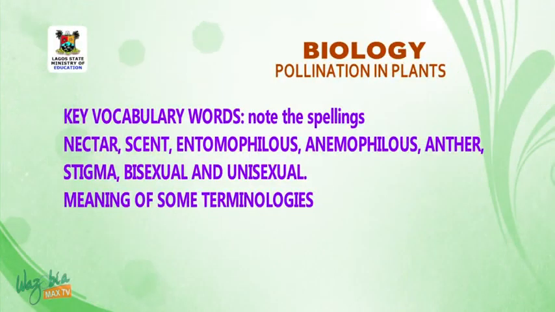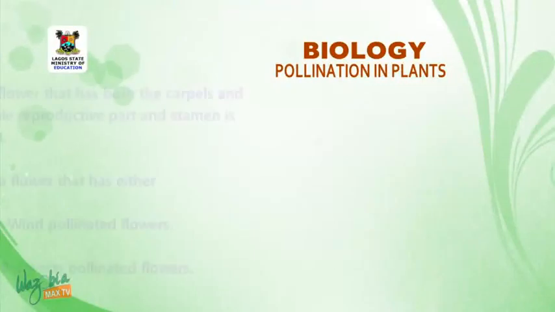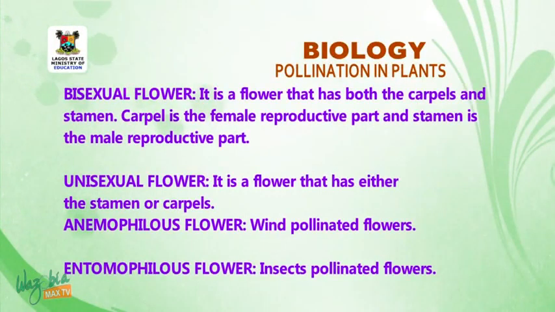Meaning of some terminologies. Bisexual flower is a flower that has both the carpels and stamens. Carpel is the female reproductive part. Stamen is the male reproductive part.